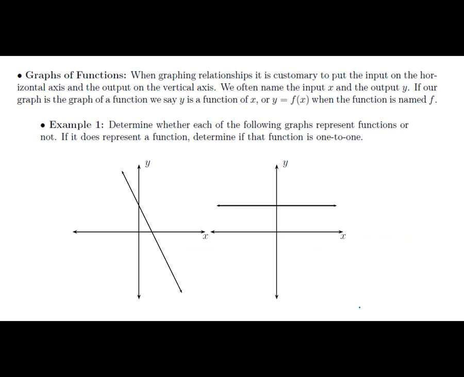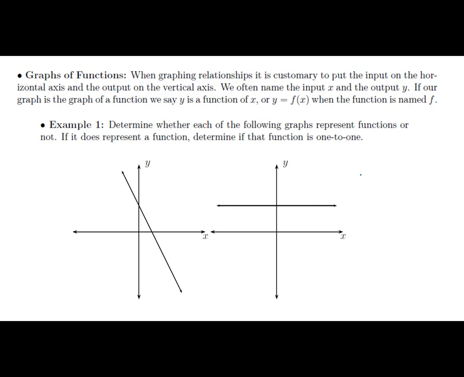All right, so we're going to look at some graphs. And what we want to do with these graphs is we want to first decide, is this graph representative of a function? And then secondly, if it is, is it also a one-to-one function? All right, so first of all, whenever we're looking at graphs, you're all used to the idea of putting the x values on the horizontal axis and the y values on the vertical axis.